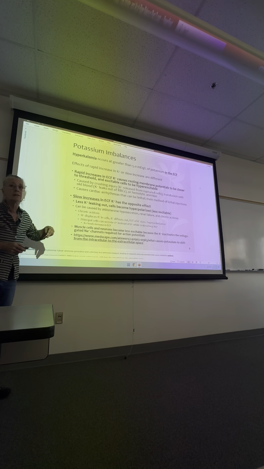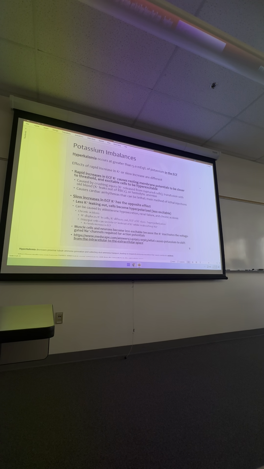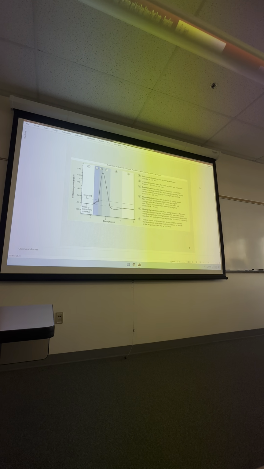Wait, I'm a little bit confused, because up there it says excitable cells become hyper-excitable. And then below it says they become less excitable. Hyperexcitable, right. So if you have this rapid efflux of potassium and your sodium gated channels are all already open, and you have tons of potassium as well as sodium, then you are on this side of that, right?